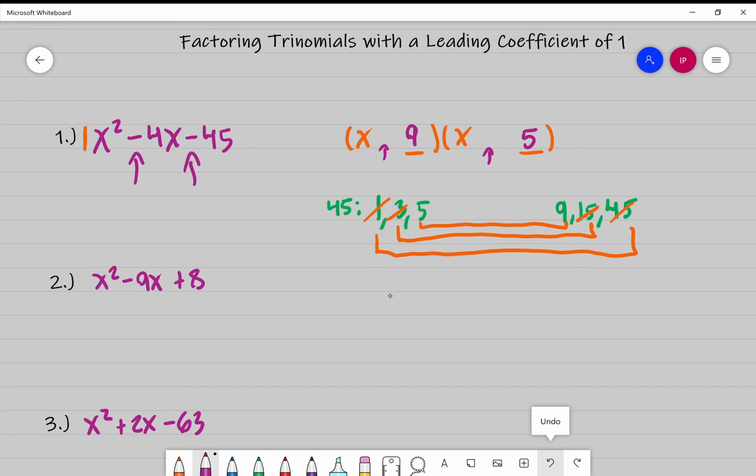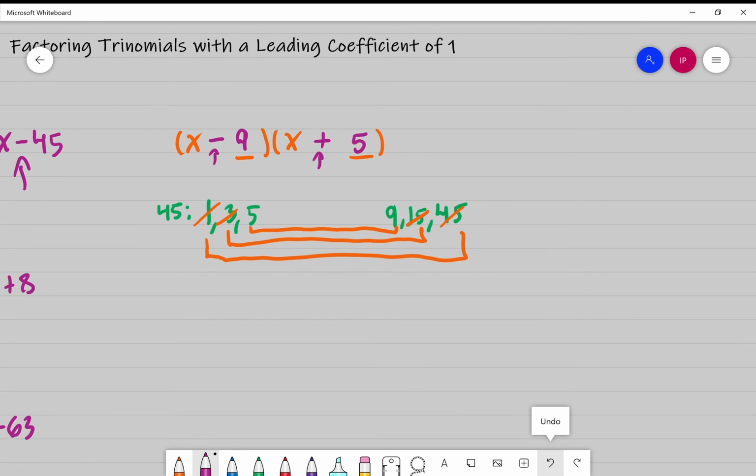So it tells me that 9 is negative. Since the signs will be different, then this has to be a positive. And that's our answer. Our answer is x minus 9 and x plus 5. And we can also check our answer.